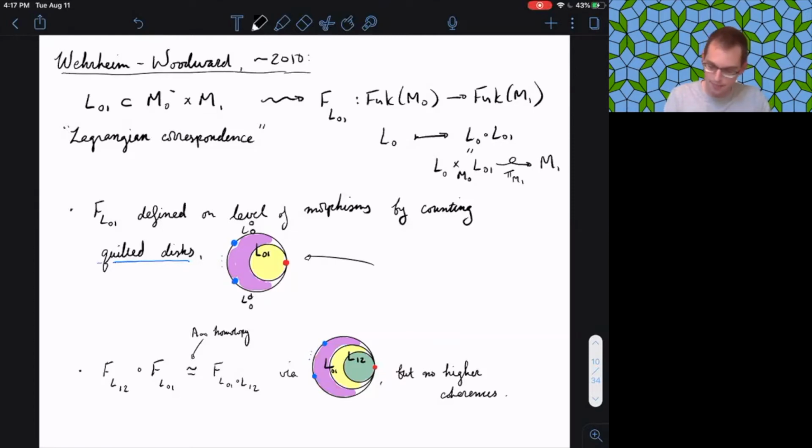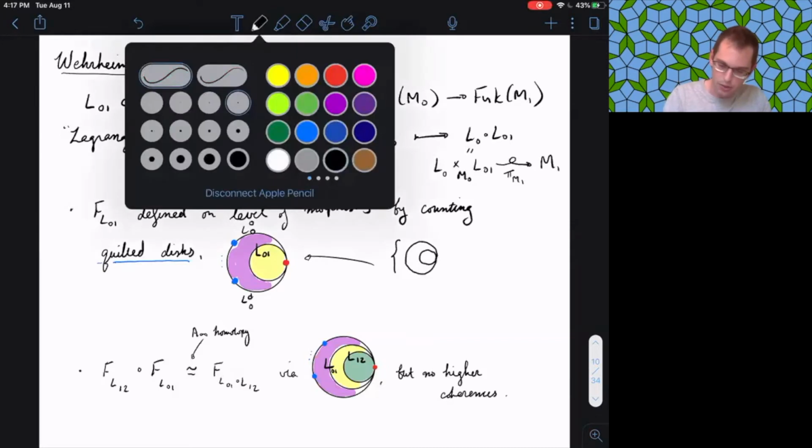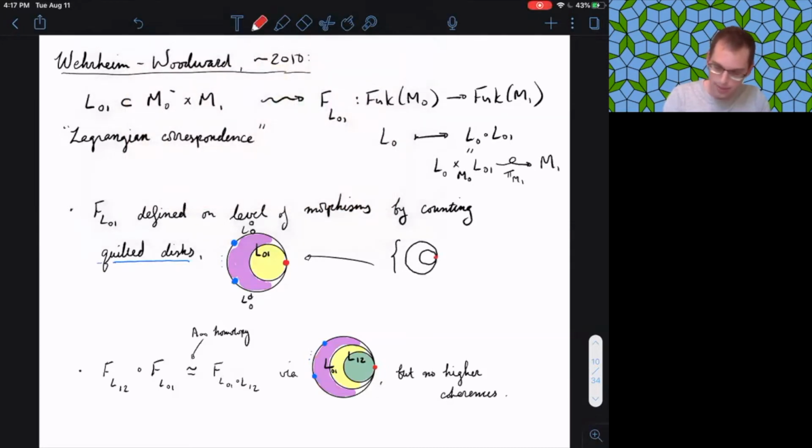In this case, we're looking at moduli of disks with this one interior circle tangent to the boundary at one point with some number of mark points on the boundary.